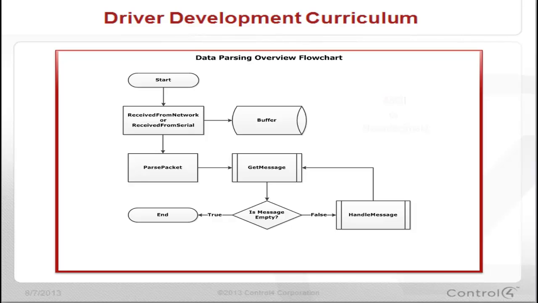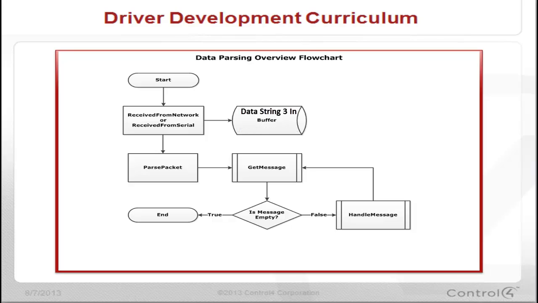We will address configuring getMessage and other functions in the next video using Lua functions to parse data and create command strings. Once a message is identified in the buffer and parsed, it is immediately removed and the next data string is examined by getMessage. Data strings are parsed in the order that they arrive in the buffer.